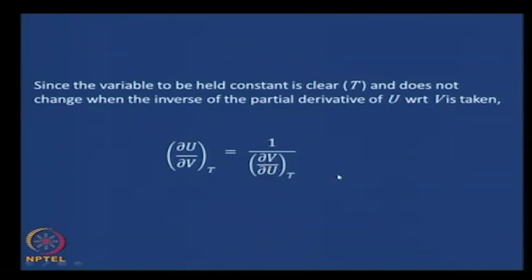Note that this is not always true in calculus. This is true only in the special case when we are very clear that the variable to be held constant remains the same whether we consider this or the inverse, dou v dou u at constant t. Not exactly an inverse, it is the variation of the function with respect to a certain variable, that is a way to look at it. It just happens to resemble an inverse.